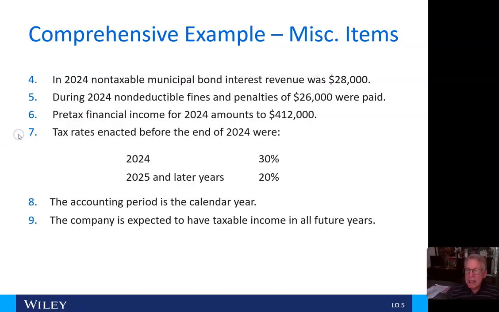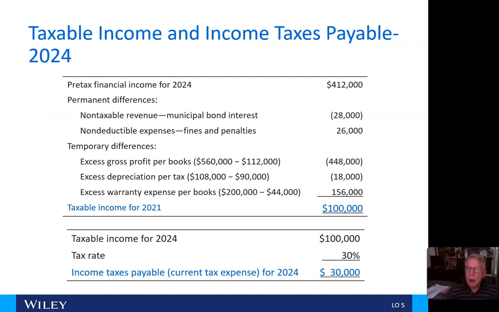Number 7, tax rates enacted before the end of 2024 were 30% for 2024, and for 2025 and later years, 20%. Number 8, the accounting period is the calendar year. And number 9, the company is expected to have taxable income in all future years.